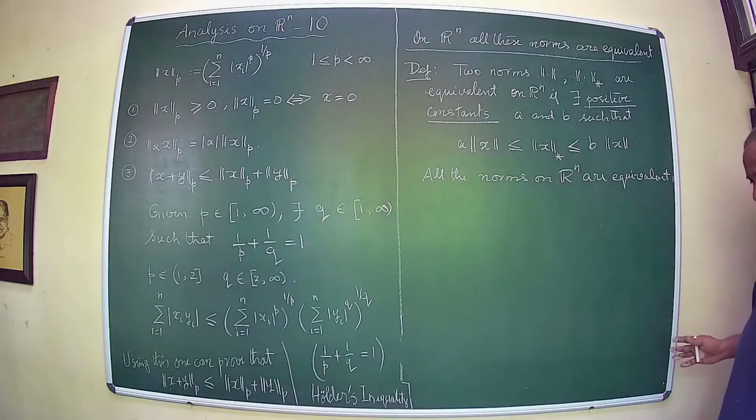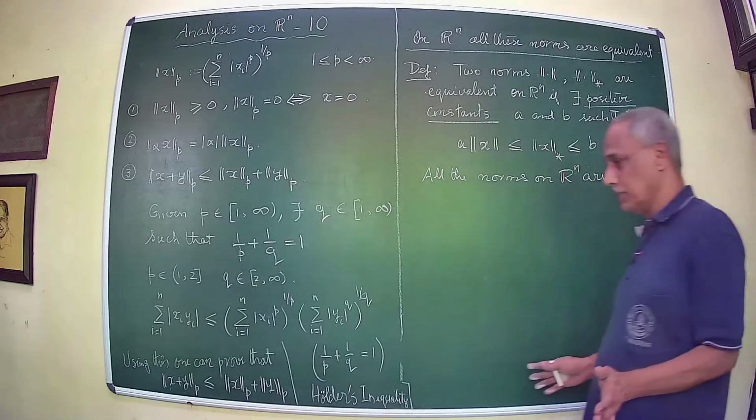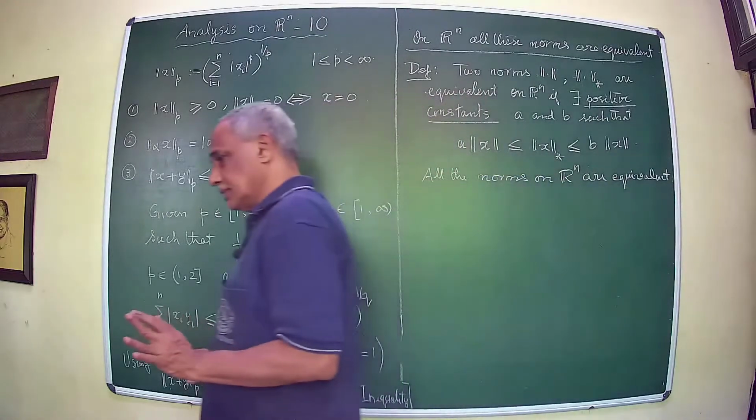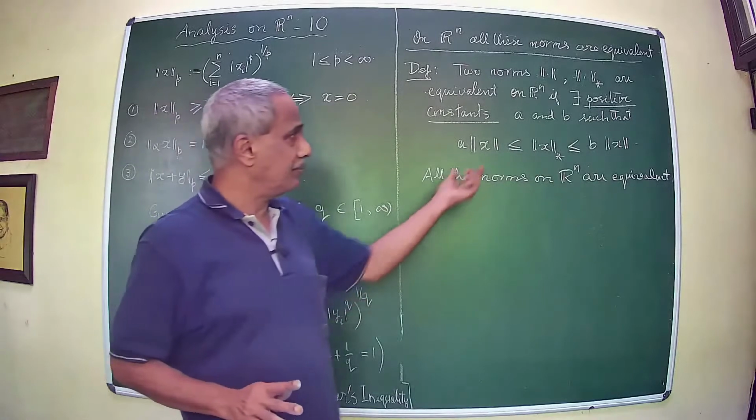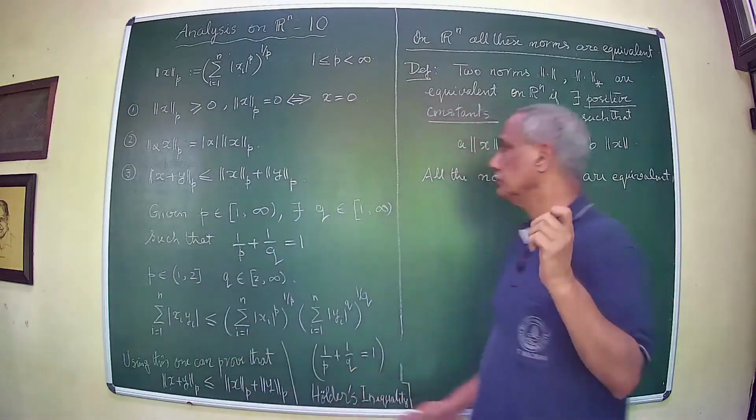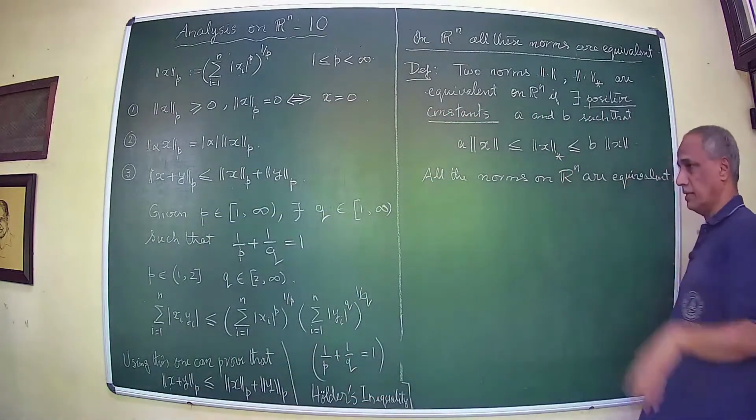One thing is that the topological properties remain invariant whether you use the metric derived from norm or norm star.